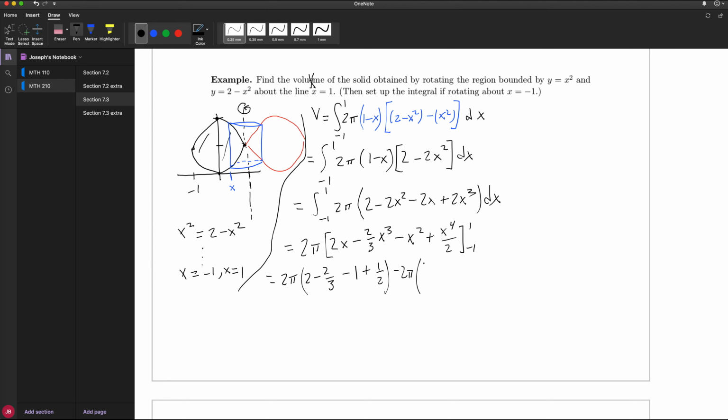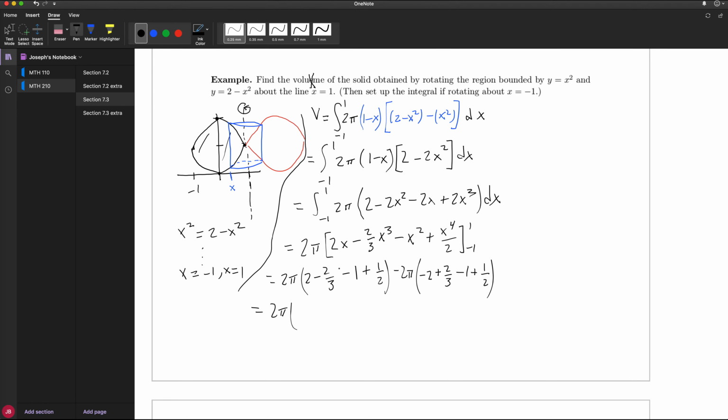Plug in -1, so we get -2. -1 cubed is -1, so that's going to turn into a plus 2/3. Notice the double negative. -1 squared is 1, so we still have -1 here. And then we get plus 1/2 there.